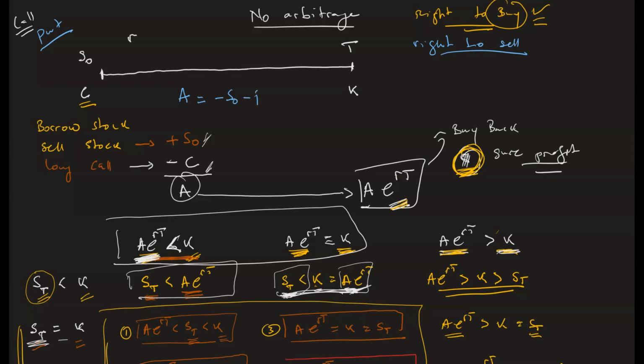So that would be S0 plus P. That's what we have, and then we're going to use this to purchase the stock and purchase the put, and we would deplete essentially our borrowing. Now at some point in the future we would have to pay a future value.